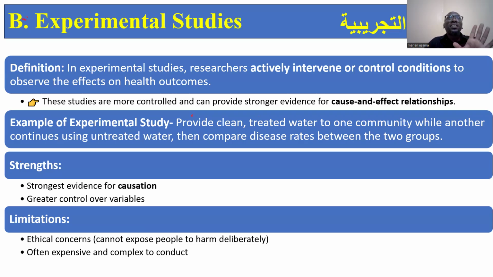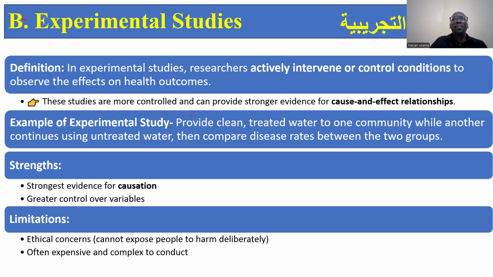But they are the best. They give you reliable and valid results. So that is their strength: strongest evidence for causation. They give us strong evidence about the cause of a disease. Greater control over variables. You can manipulate, you can intervene. This group, they are using it, and the other group, they are not using it.